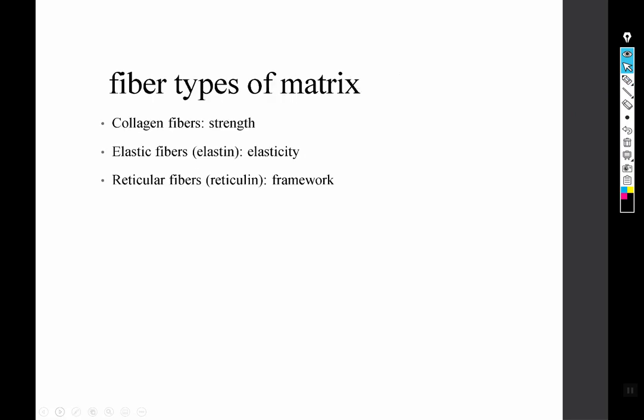So the matrix that I mentioned, matrices is the plural, the matrices that I mentioned may or may not contain various types of fibers. So there's three overarching types. Collagen fibers are perhaps the most abundant of all of the fiber types. They're all over the place. In lab, you're going to see them mostly staining pink because the hematoxylin and eosin stain that makes up most of our slides stains them pink.